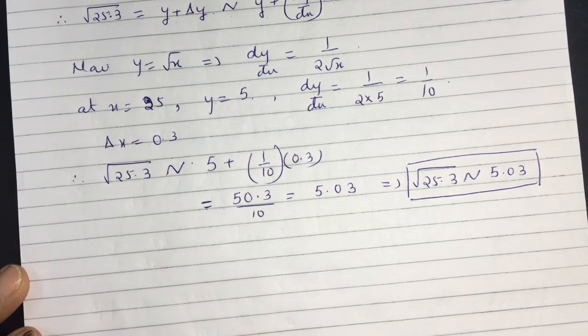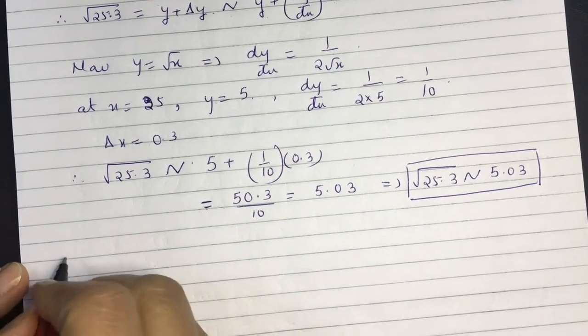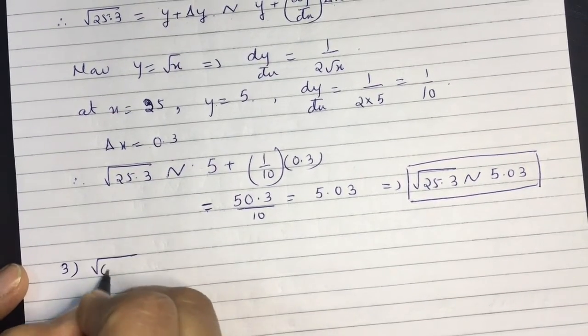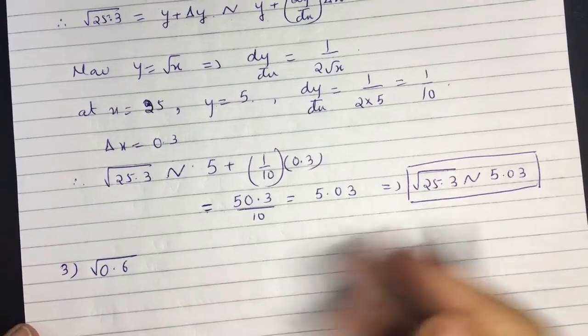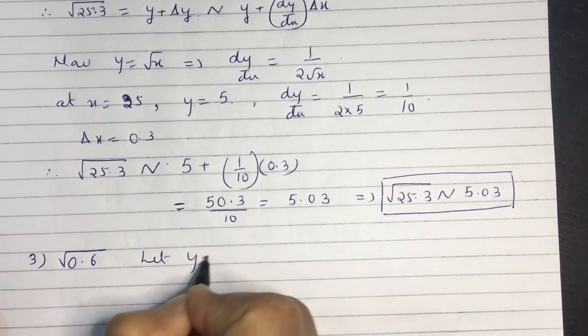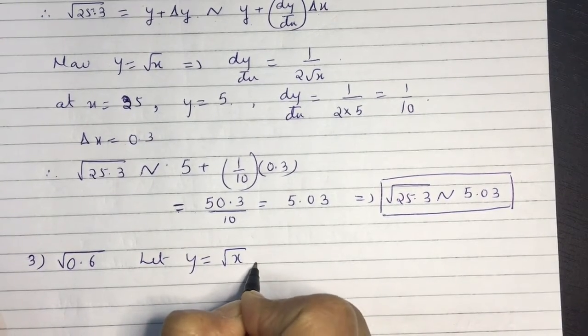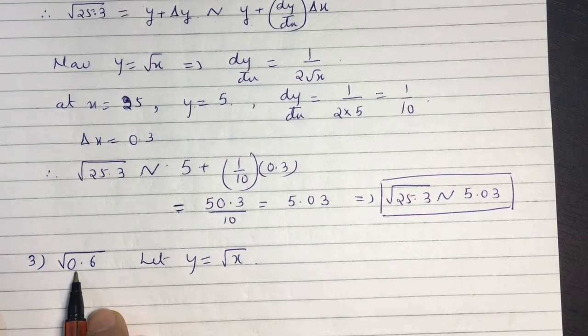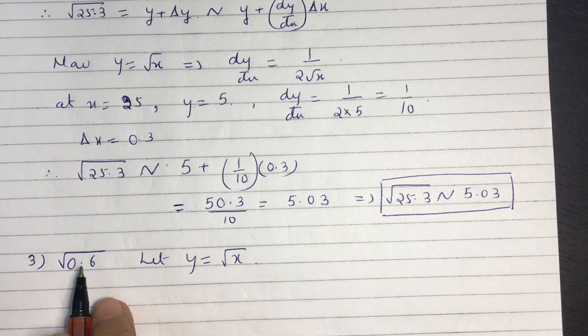The third part is square root of 0.6. So I am taking the third part, which is square root of 0.6. Now here again, the underlying function is the same, square root of x. Okay, now here, what should be the value of x which we should take?